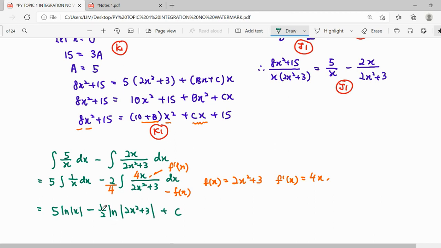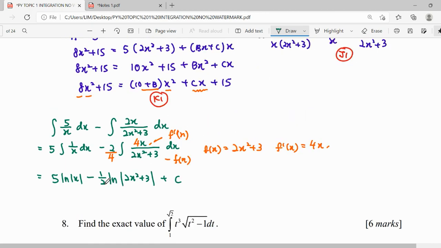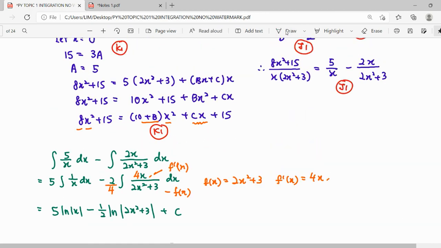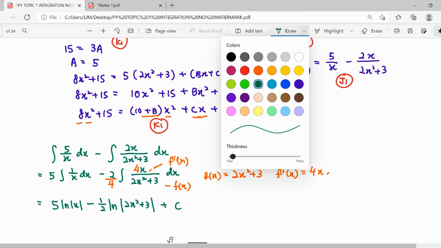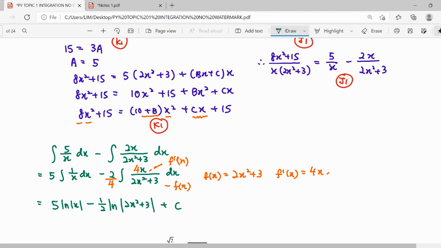And then we can see ln minus ln. Actually, we can simplify some more. How we simplify is we can use our properties of logarithm, where our 5 we can move up. So we get ln of modulus x to the power of 5. This one will be ln, with power of 1 over 2, so 1 over 2 will be square root, modulus of 2x squared plus 3, plus c.